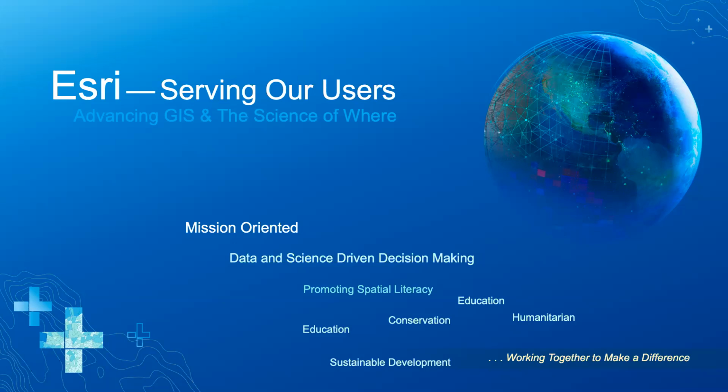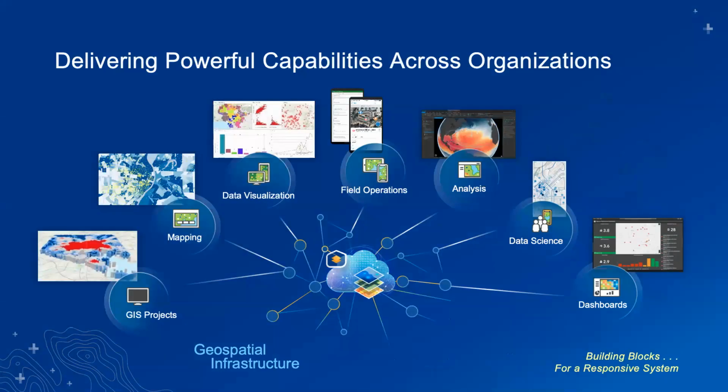So we do this with a focus on GIS, and in particular our primary platform being ArcGIS, which is a large, comprehensive platform that I will not have much time to go into in detail. But what we think of when we think of GIS is really integrated tools that can help us from the office with our GIS projects, to the field with field operations, to spatial analytics and data science, and also to our operations centers, maybe through things like dashboards.